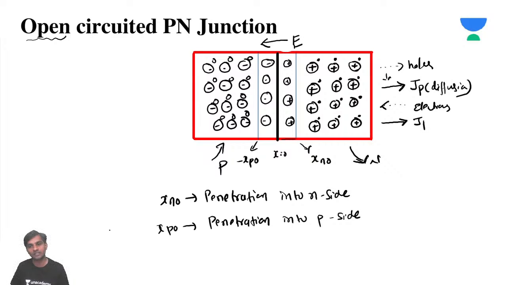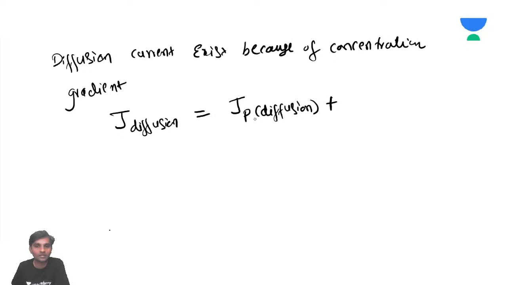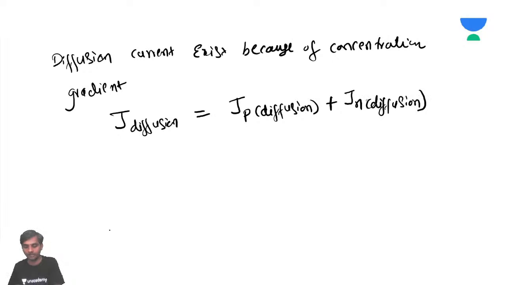That I can say is JN diffusion. So the diffusion current is nothing but JP diffusion plus JN diffusion.